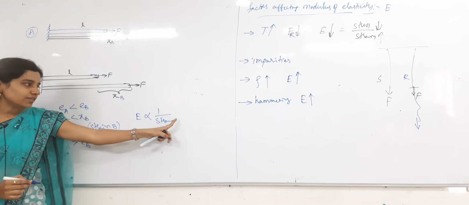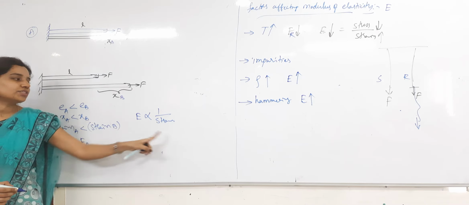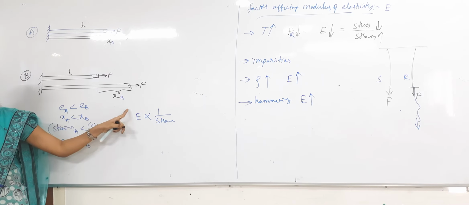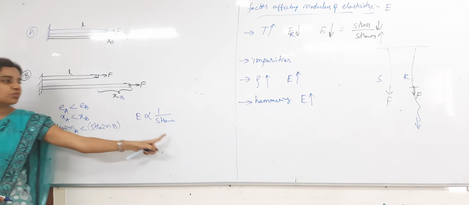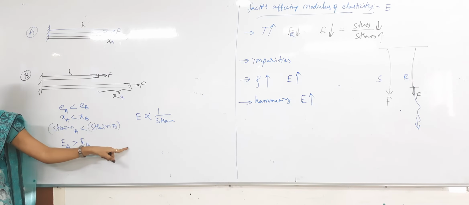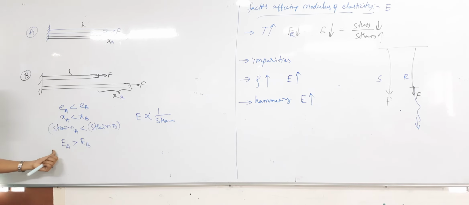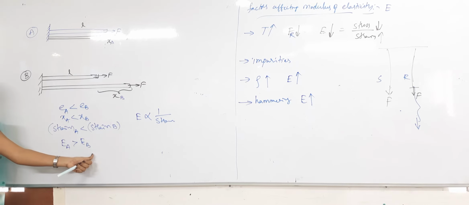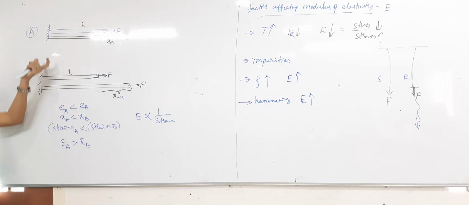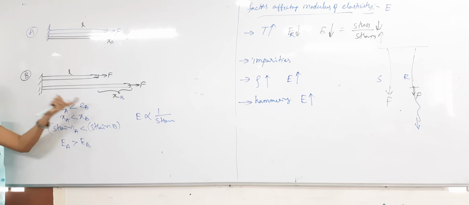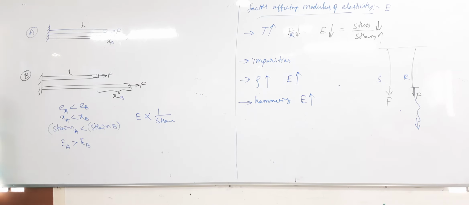Strain in B is more, then elasticity of B is less, so elasticity of A is greater than elasticity of B. Nothing but A is more elastic as compared to B. Otherwise, B is more plastic as compared to A. Anything is the same only, right? This is elastic, this is plastic. Clear, right? Write that.